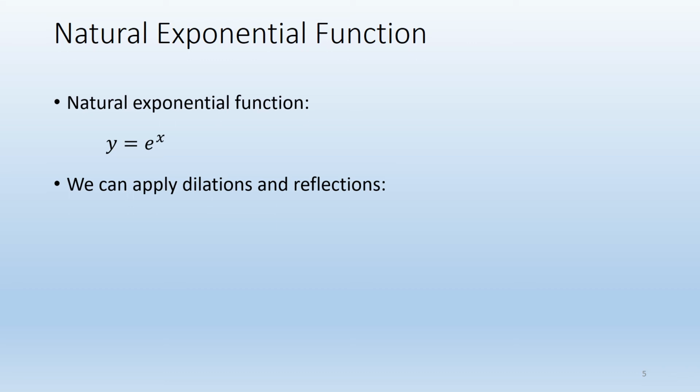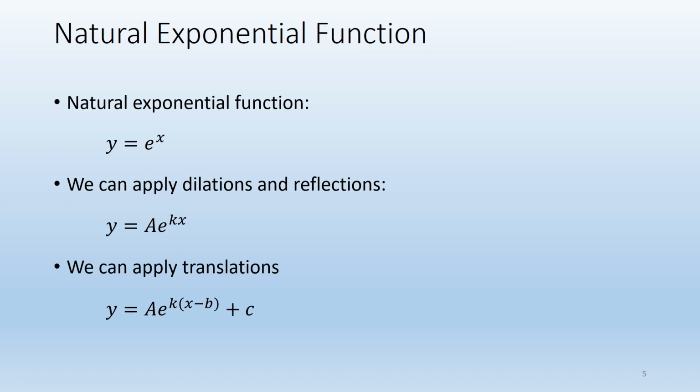We can apply dilations and reflections to that equation in both the x and y directions. So we'll put those constants a and k in, and we can also apply translations to get that equation there. But our base equation once again is that y equals e to the power of x, where e is that Euler's number, approximately 2.7.